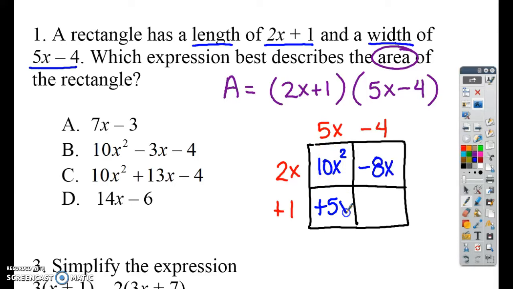Positive 5x. And what's 1 times negative 4? Negative 4. And then you combine these two. Positive 5 plus negative 8 gives you a negative 3. So the answer is B.